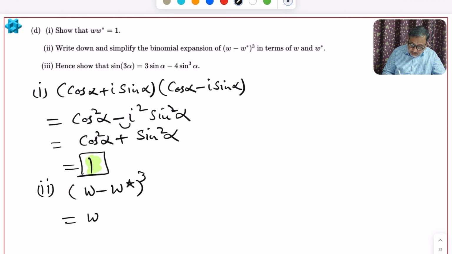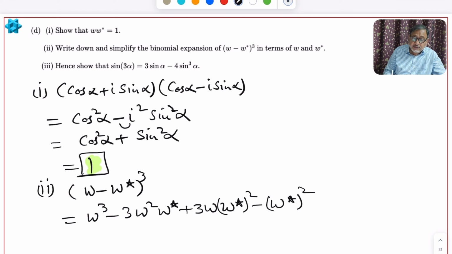So this will be w cube minus 3w square w conjugate plus 3w w conjugate square minus w conjugate cube. So you know how to simplify this binomial expansion.